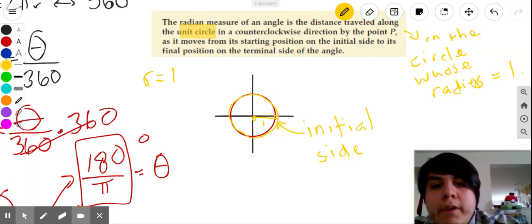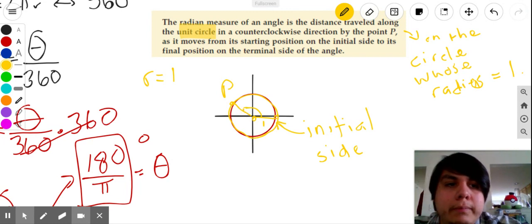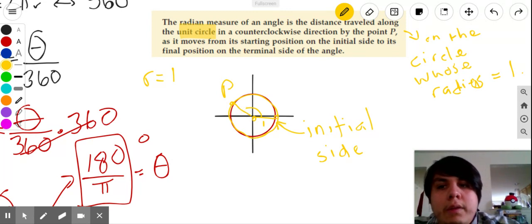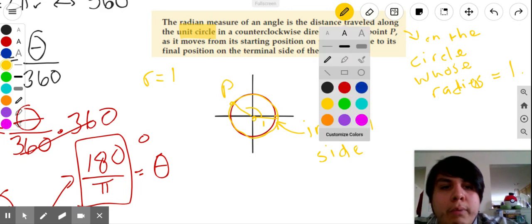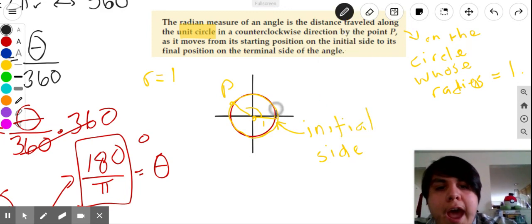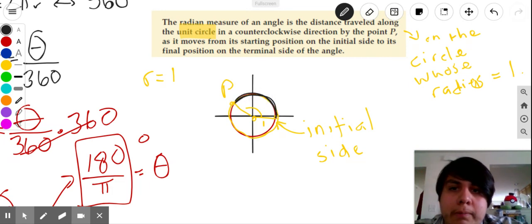If it goes from, let's say, here to here, that's where point P is. We're rotating that way. The radian would be however much we traveled along the circle whose radius is 1.